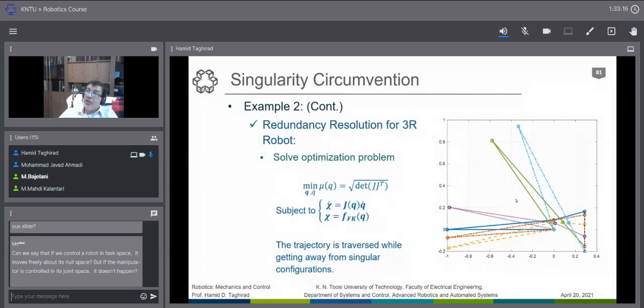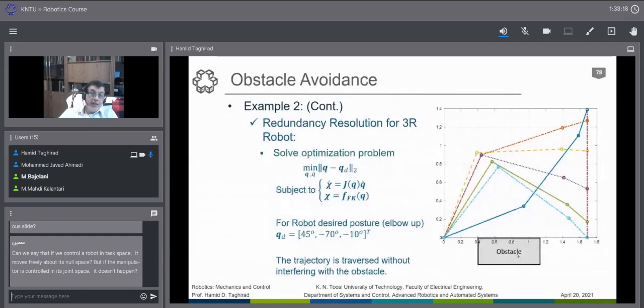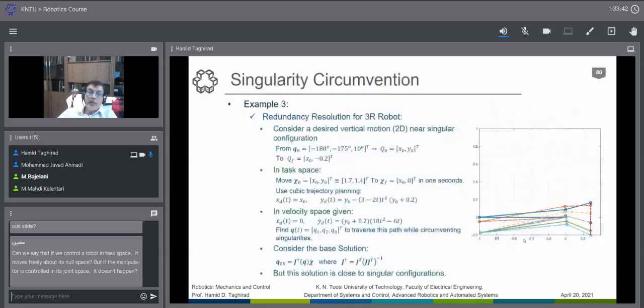In here, we are avoiding obstacles. And to give you different Qs, we have a motion to be run in the platform. We have robot motion. We need a motion. A robot starts from one place, goes to another place. Since it is redundant, we can have another objective here. Another objective here is obstacle avoidance, and in here is singularity avoidance.